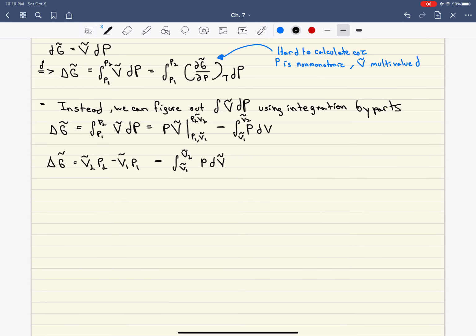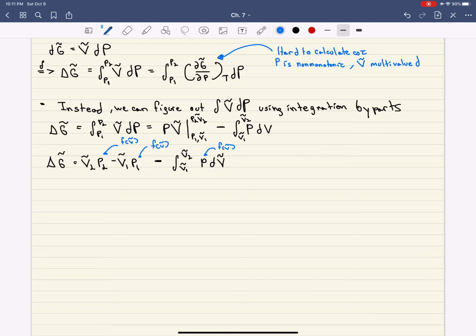Okay. And what I want to say again is that all the pressures that we have in this equation, these are all functions of the molar volume. Okay.